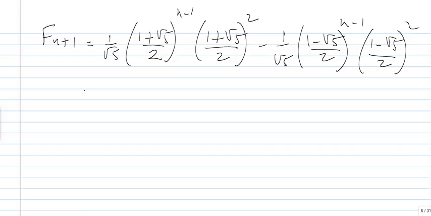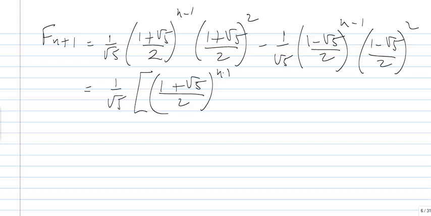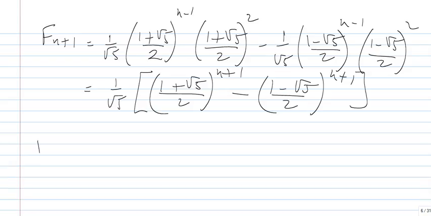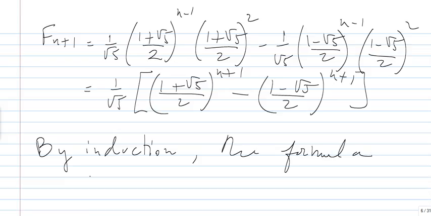If I put the stuff together, I will find 1 over square root of 5 times (1 plus square root of 5 over 2) to the n plus 1 minus (1 minus square root of 5 over 2) to the n plus 1. In other words, the formula is valid also for f_{n+1} by induction, and this is what we wanted to show. The formula is true for n equals 1, 2, etc.